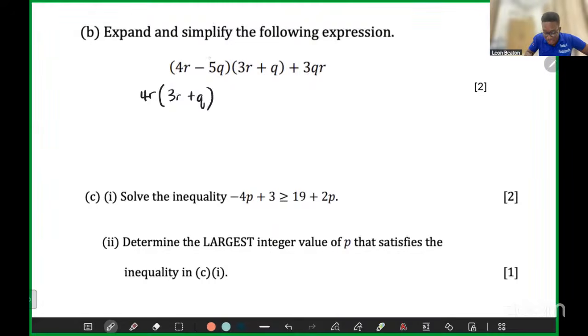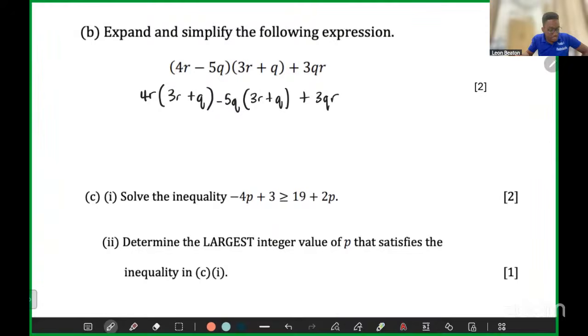And then we take the second term in the first bracket, which is a minus 5q. Now, the term is always governed by the sign in front, so this is a minus 5q or negative 5q if you want to think of it like that. And then this will be multiplied by everything in the second bracket again, so 3r plus q. And then put back the plus 3qr.